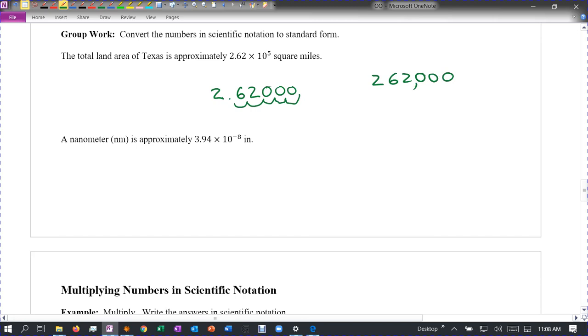Okay, so 262,000 square miles. Now this one is a small number because it's negative, so we're going to put 3.94, move it 8 places to the left. 1, 2, 3, 4, 5, 6, 7, 8, right there. 0, 0, 0, 0, 0, 0, 0. Get rid of the decimal here. That's our decimal in standard form.